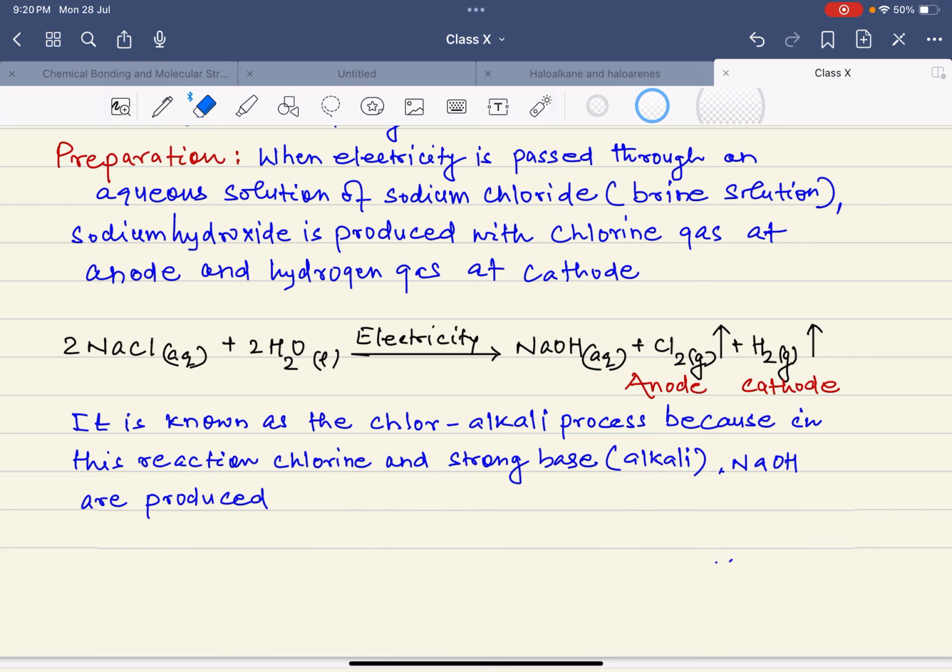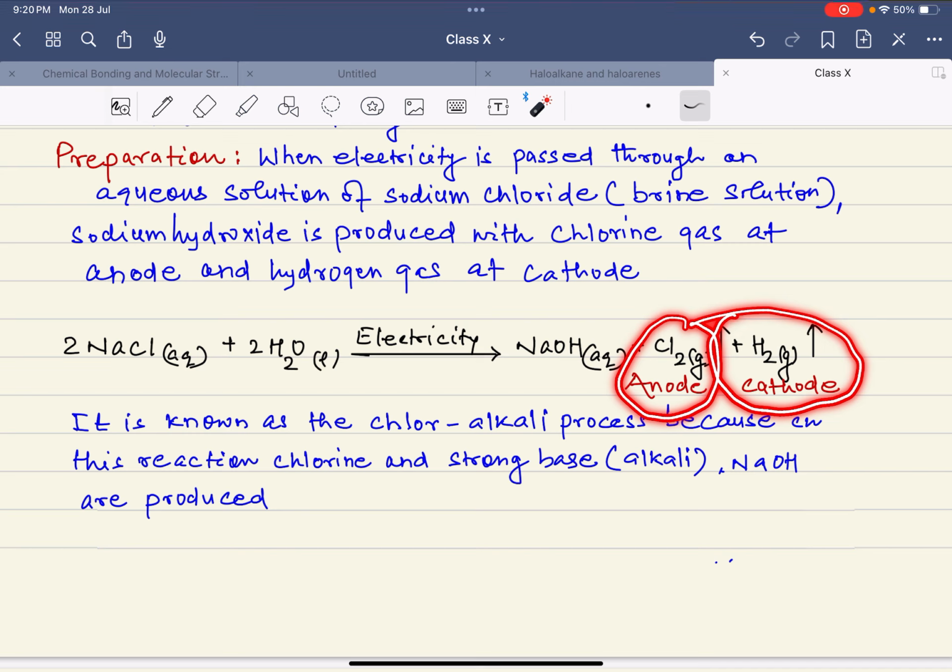So, when electricity is passed, sodium chloride gives NaOH plus chlorine plus hydrogen. Chlorine gas evolved at anode and hydrogen gas evolved at cathode.